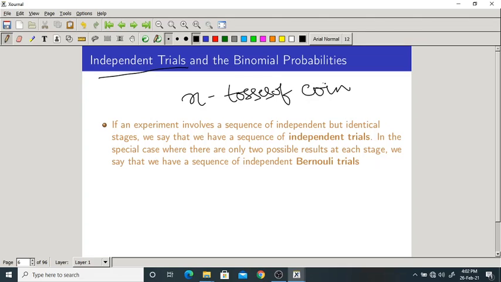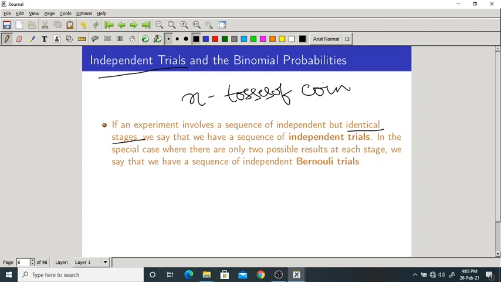Suppose you are tossing 10 times, each time the outcome is independent of other tosses and they are identical. Obviously you are tossing the same coin 10 times, so you are repeating the experiment, which means all these stages are identical. You're tossing first time, second time, third time, fourth time, all are identical. You're tossing the same coin, but each time the outcome is independent of previous tosses.